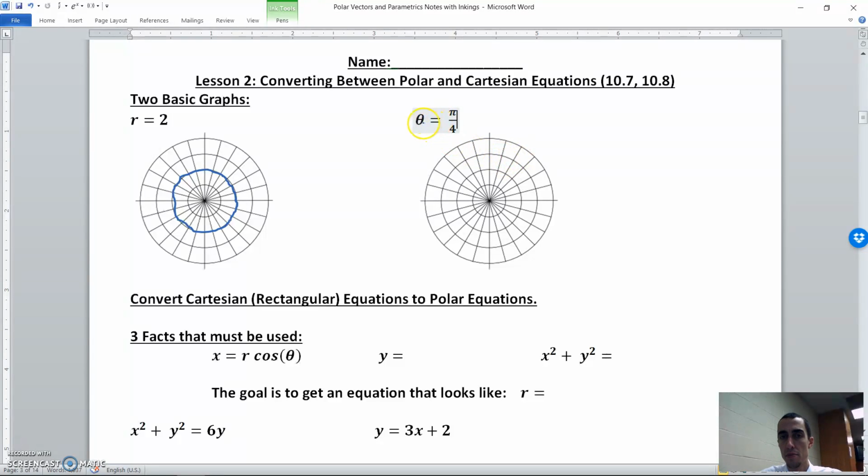Next, theta equals pi over 4 could have any radius, it just needs the angle pi over 4. Now remember that pi over 4 is 45 degrees. So 45 degrees would be this line here. And so we'll trace that out.